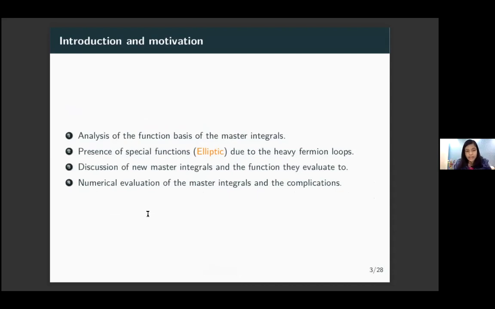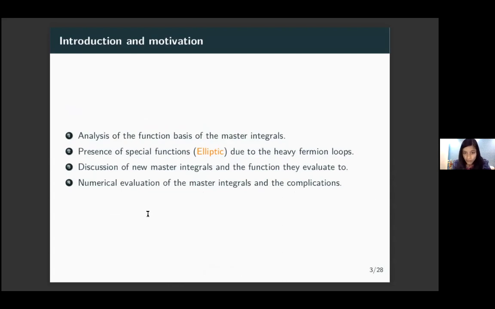In particular, I will analyze the function basis of the master integrals. If you do not know what master integrals are, you do not have to leave already. I will try to explain what they are. And I will also explain the presence of these complicated functions I mentioned. So what are these special functions? Namely, these are called elliptic, and they appear due to the fact that I'm trying to include fermion loops, basically massive internal particles.